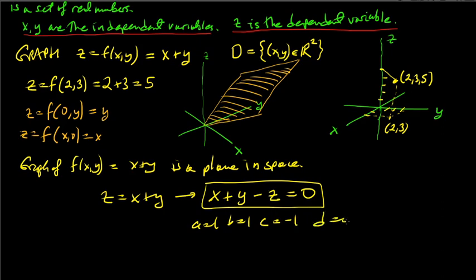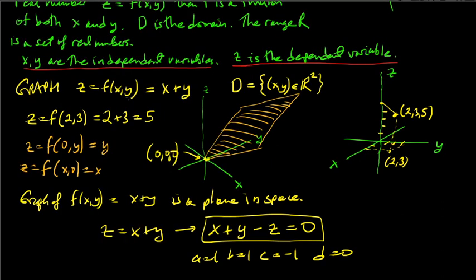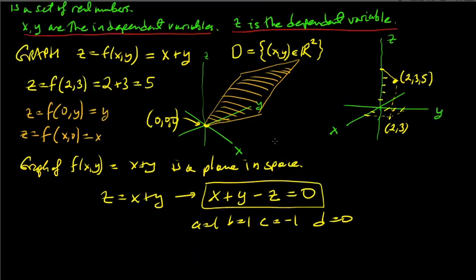And D is 0. There's no D here. And when D is 0, that just means that the plane passes through the origin. So the origin here is one of the points on the plane. Okay, so of course, this is just a starter example. The functions can get more complicated from there.